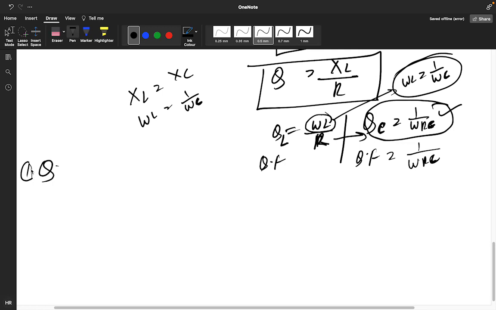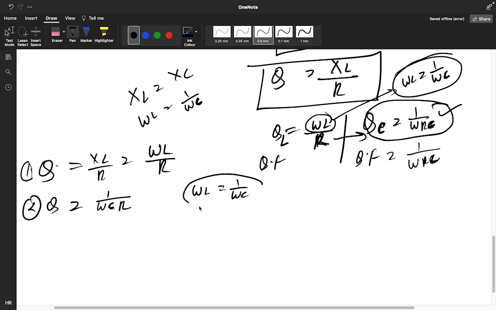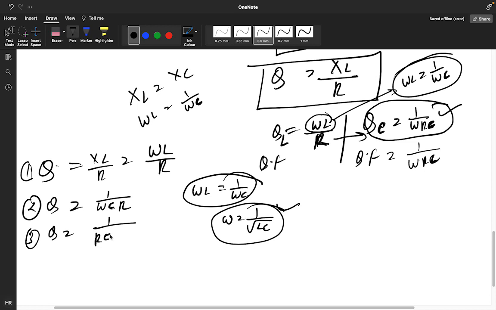One formula is quality factor is XL by R, XL means omega L, so omega L by R. The second formula, because we are doing this for a resonant circuit, is 1 upon omega C into R, because omega L is nothing but 1 by omega C. That's why we get omega as 1 by root under LC, the resonance frequency.